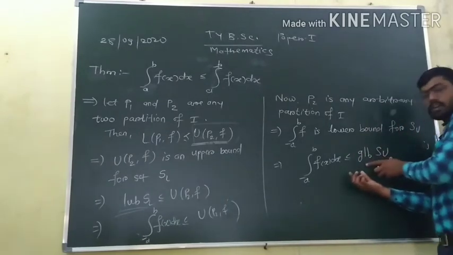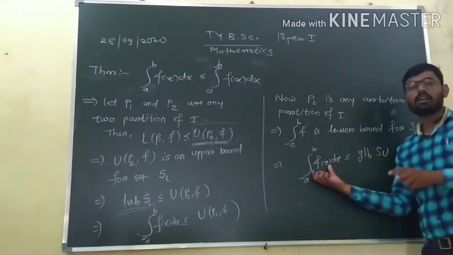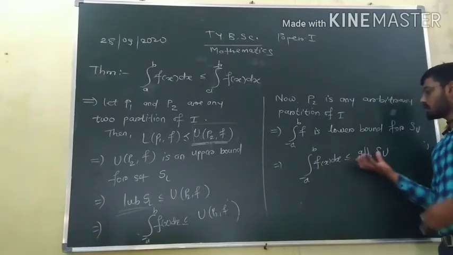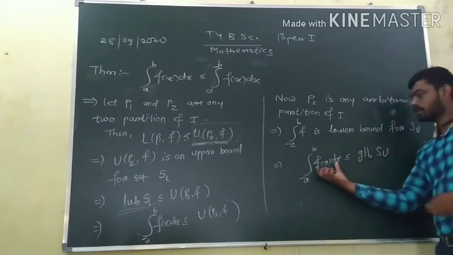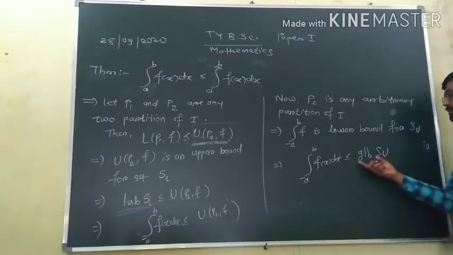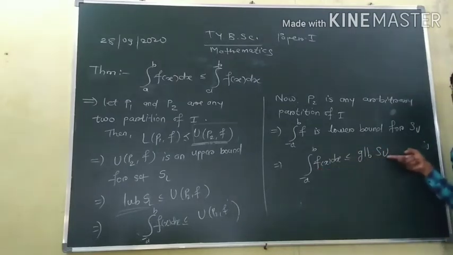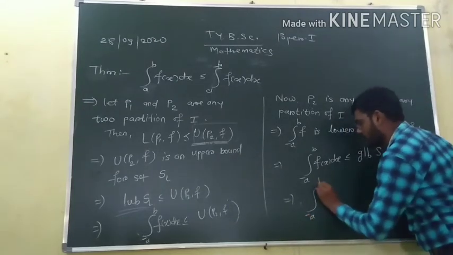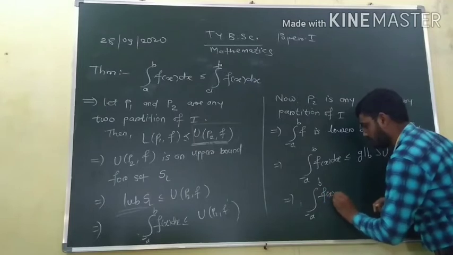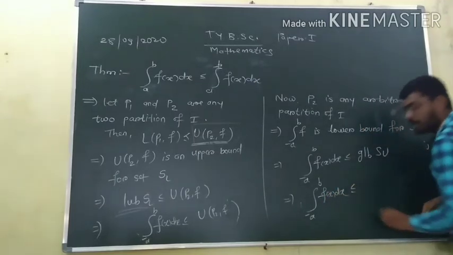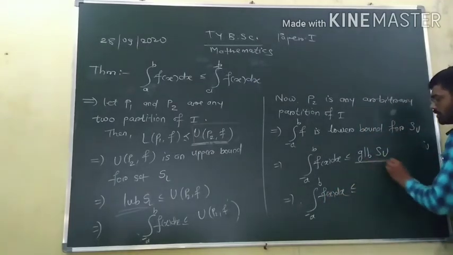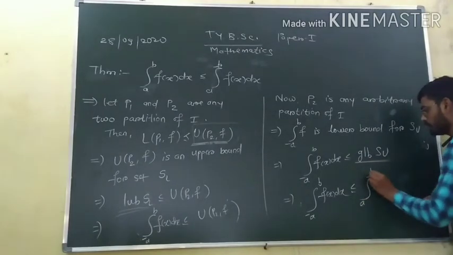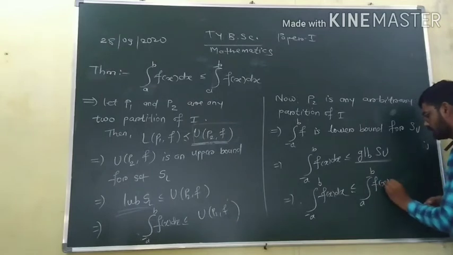So the greatest lower bound for the set SU must be greater than or equal to any other lower bound. So this is a lower bound, so the greatest lower bound must be greater than or equal to this element. And what is this? Nothing but the upper integral. So this implies the lower integral from a to b of f is less than or equal to, what is this? The upper integral, upper integral from a to b of the function f.